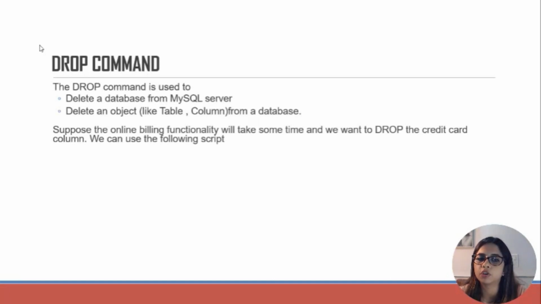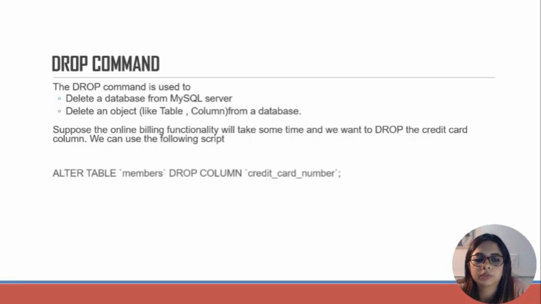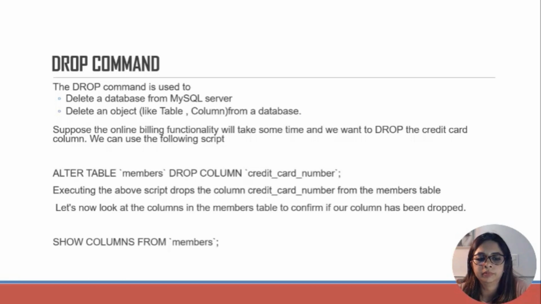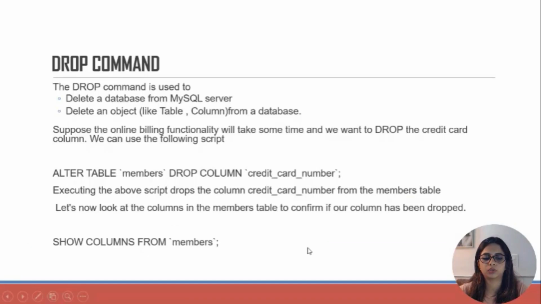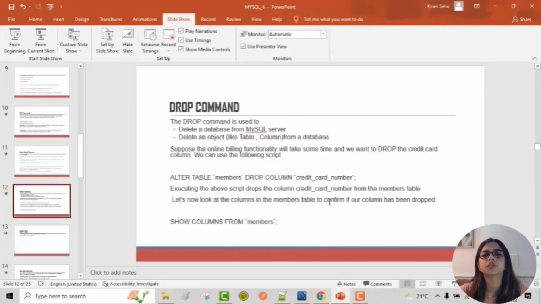So drop is used for deleting a database from the server or objects like table and columns. It can also actually delete a whole table. Okay, so if you want to see only the columns, it's just a command. So if you just want to see the columns, show columns from the table name.